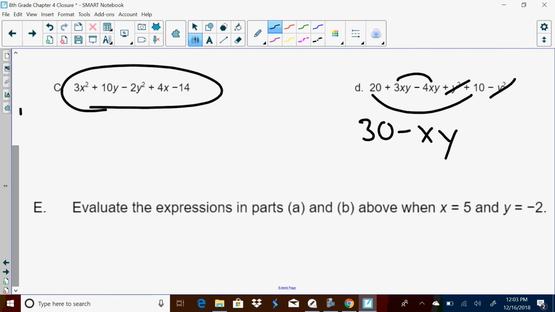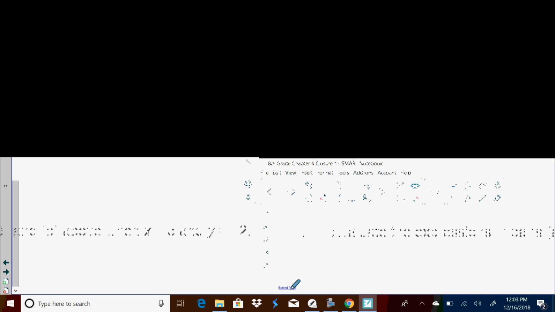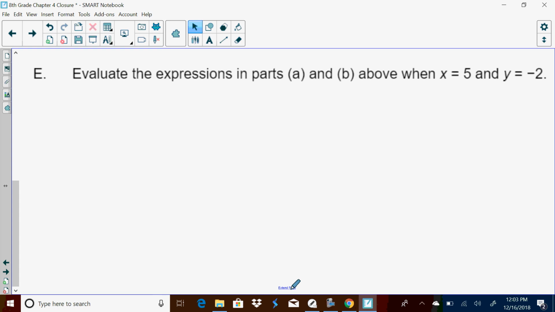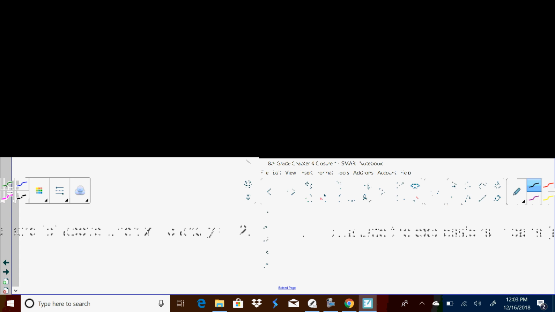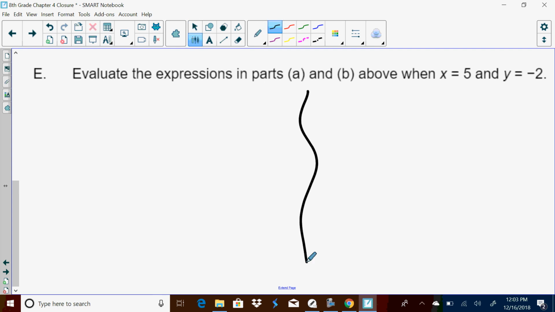And then it says evaluate the expressions for A and B where x is 5 and y is negative 2. So A, I got 3x squared plus 3x minus 3.